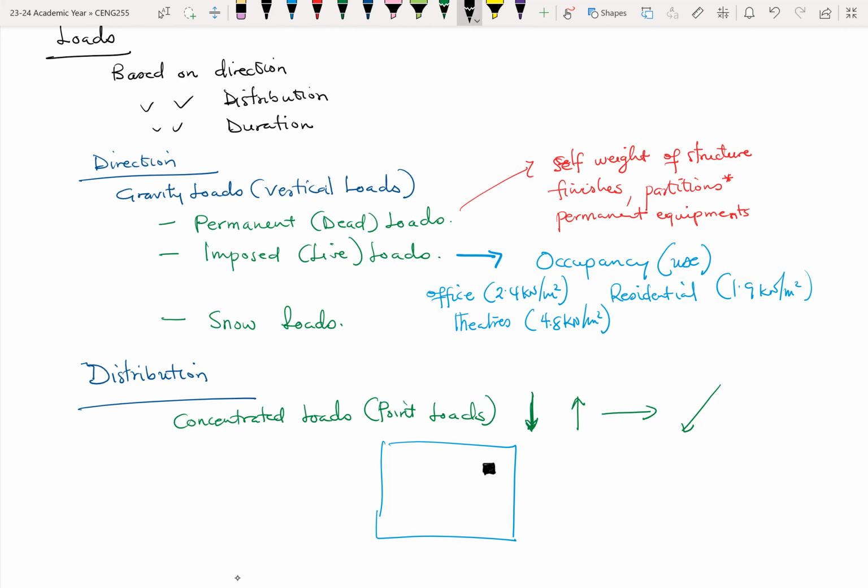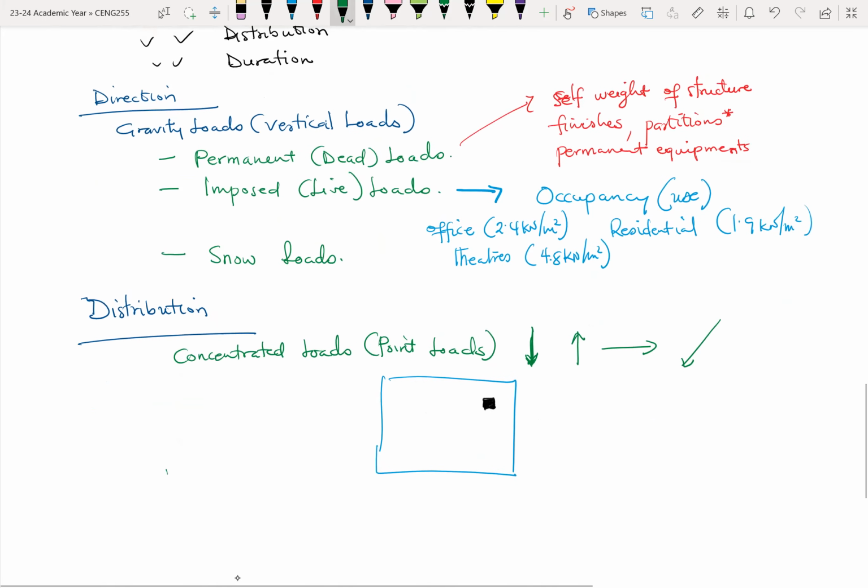So we can simplify that by saying that it is a point load, right? But then in reality, no loads are acting at a point. At least they act over a surface area, no matter how small that surface area would be.